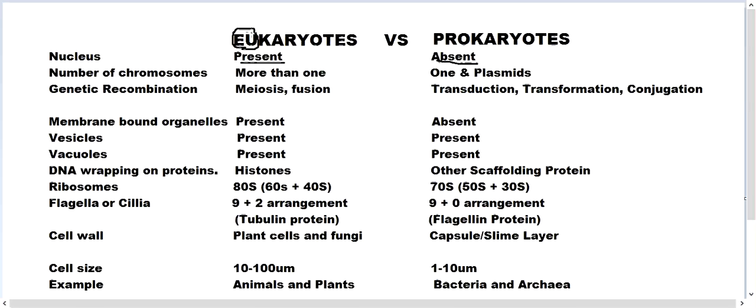So what are plasmids? Let me draw a prokaryotic cell over here. Let's say that is a cell, and this is the genetic material of the prokaryote. A plasmid is an extra piece of genetic material which the cell can take into itself by a process called transformation.